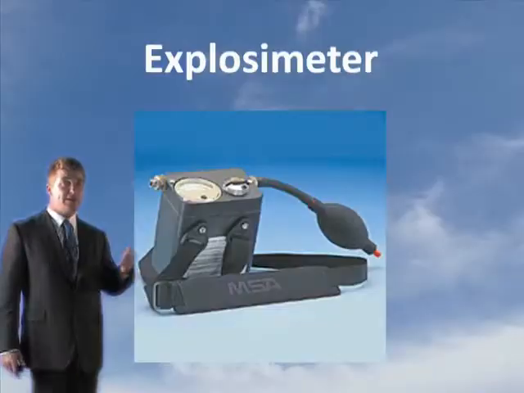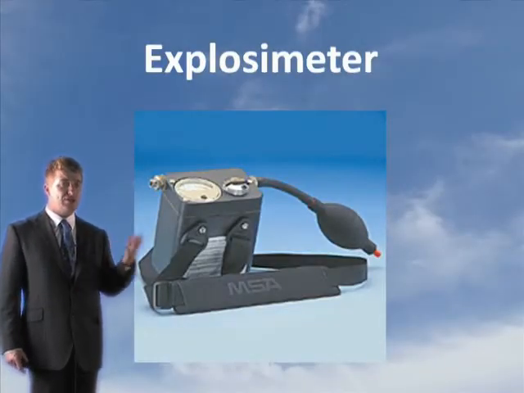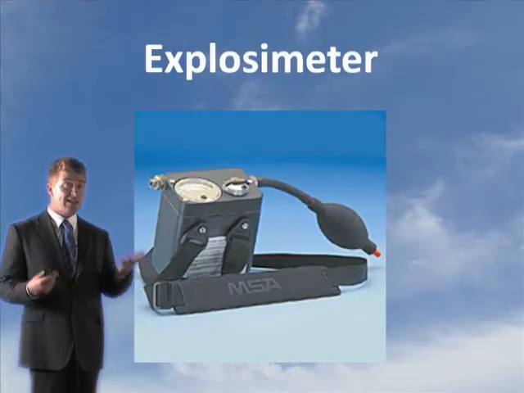Now, how do you tell if an atmosphere is explosive? We can get an explosimeter. This is an instrument that's used to determine the quantity of gas in the atmosphere. For example, if you're looking at LEV, local exhaust ventilation requirements, the person will normally take in an explosimeter and take samples of the gas to see if an explosive atmosphere is created. And in fact, in the fire brigade, we have explosimeters.